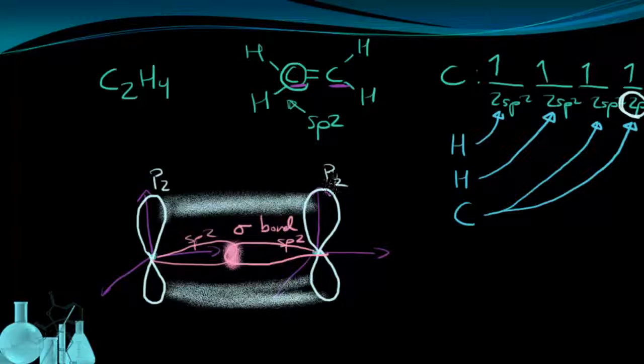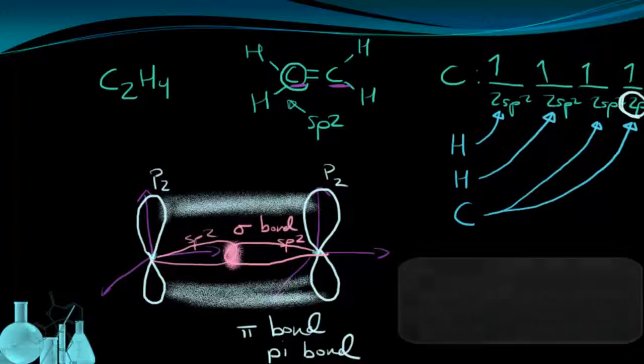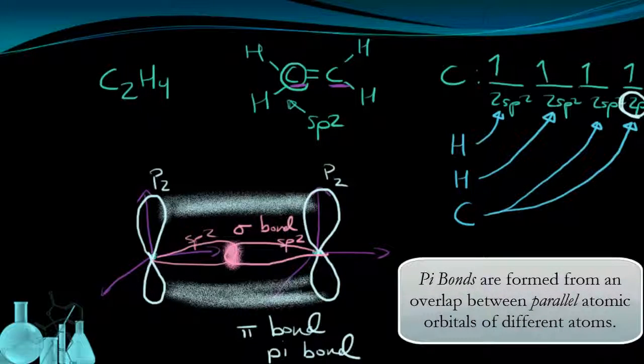So now these pz orbitals have created a different kind of molecular orbital between them because they're not lined up. They are not pointing at each other. They're actually creating an orbital in parallel. And when that happens, we call that a pi bond.